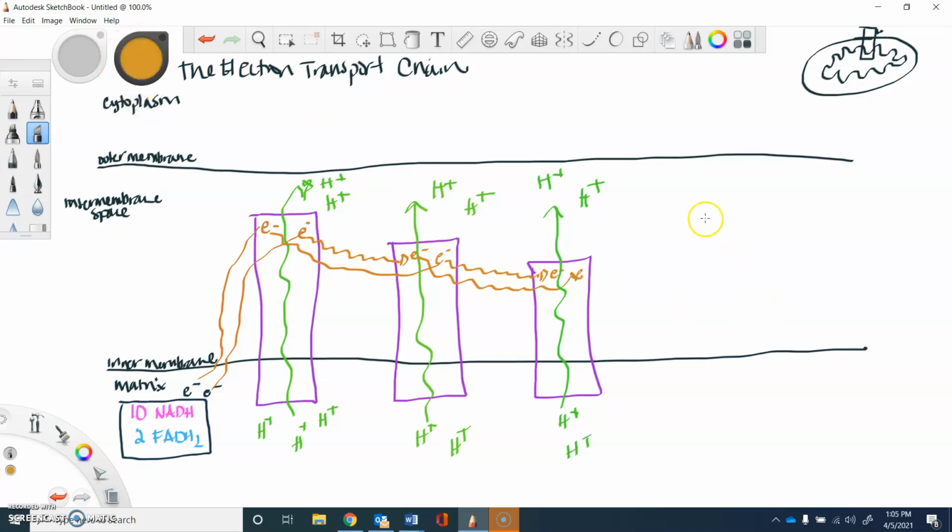So there's another little protein on here that is an enzyme. And it looks like a little machine thing here. And this is called ATP synthase.